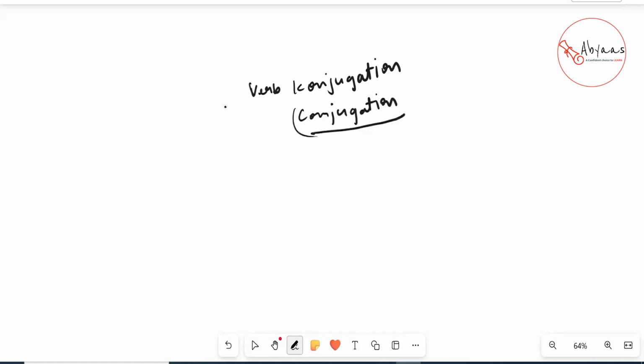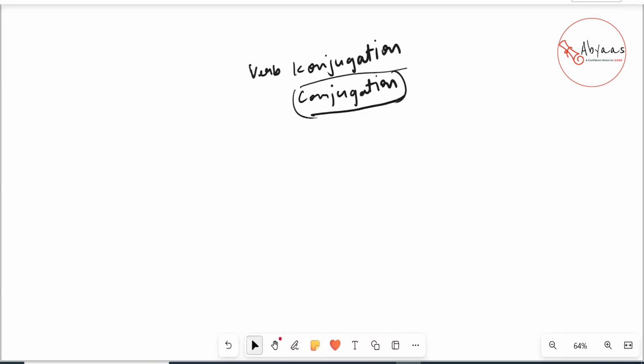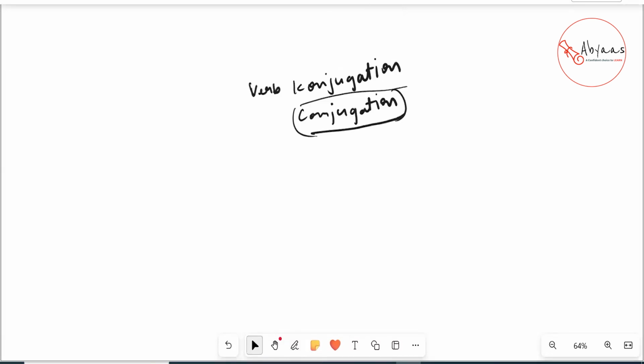So, what is a verb? Something which denotes an action. So, coming towards, normal verb conjugations are of how many types? In general, in the case of English, normally we can classify them as regular and irregular.